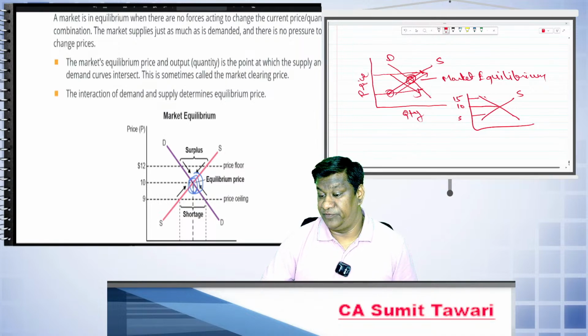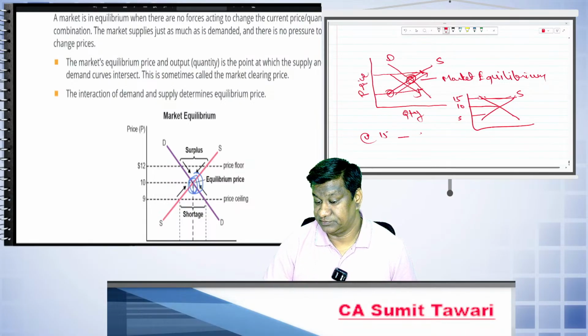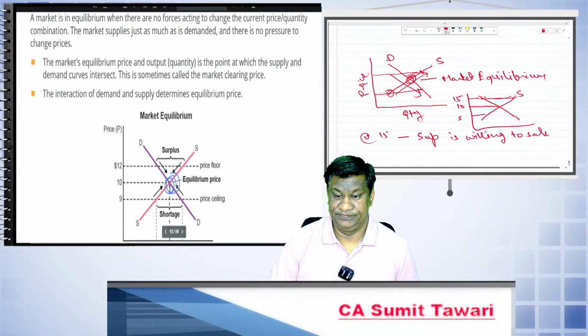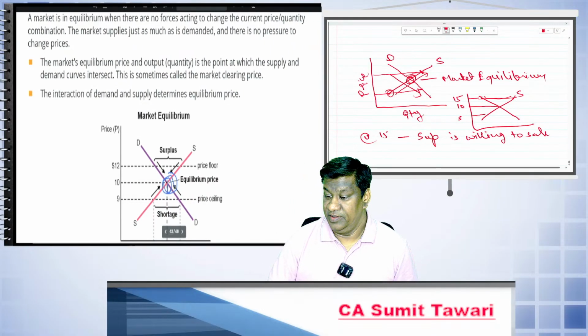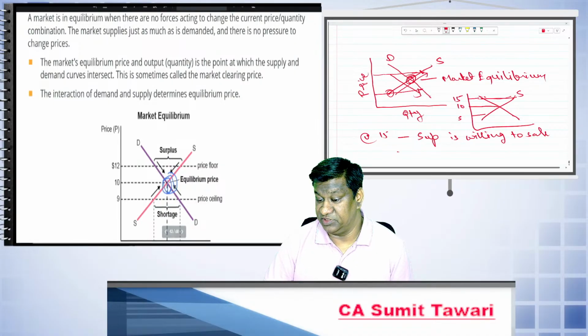At 15, maybe a supplier is willing to sell, but the customer is not ready to buy.